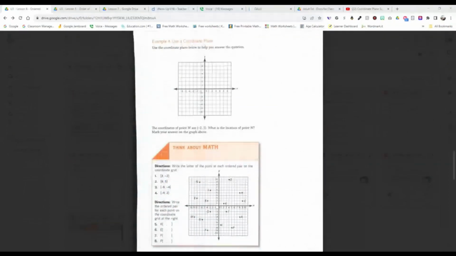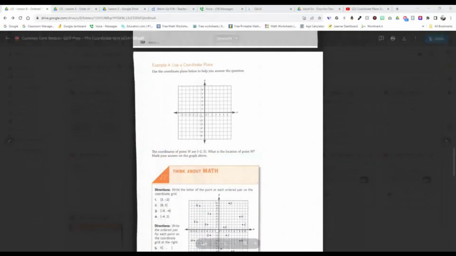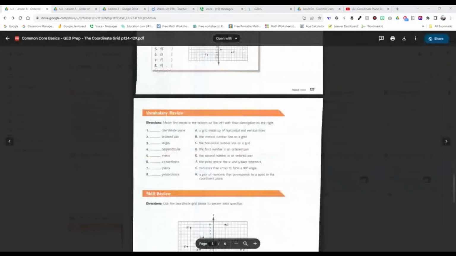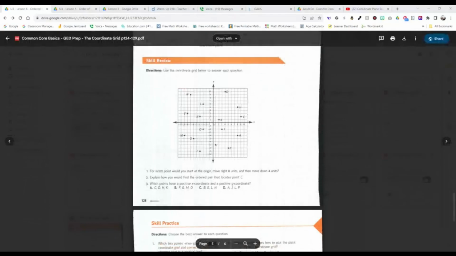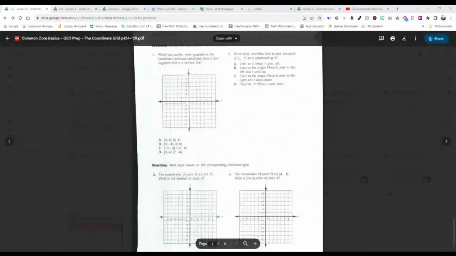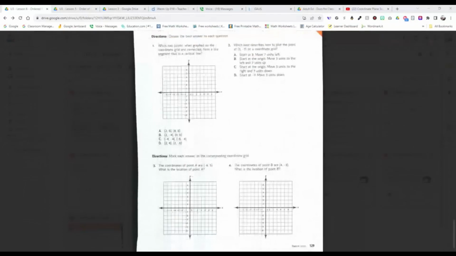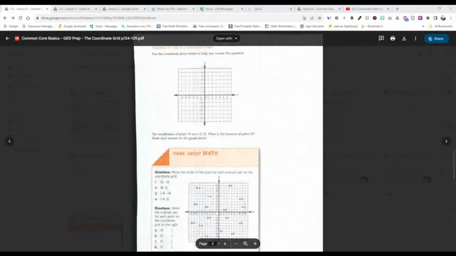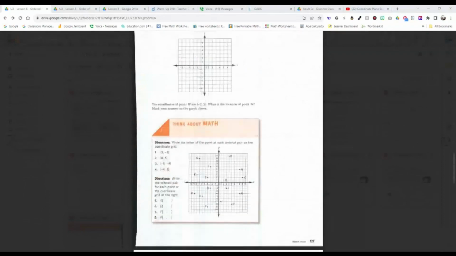When you get down here to the fourth page, then here's a coordinate plane, answer this question. And then here are some questions. Here's some questions on terminology. Some more questions on this. And then finally, some multiple choice type questions. So it looks like a lot, but it's not that many questions. All right. So the problems actually start on page 127.